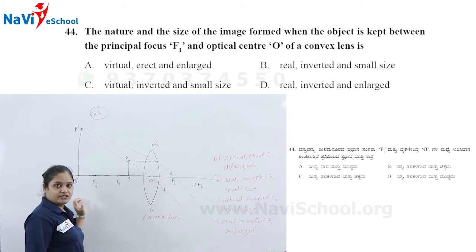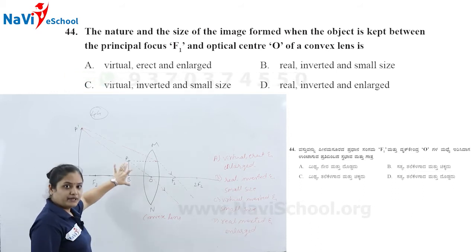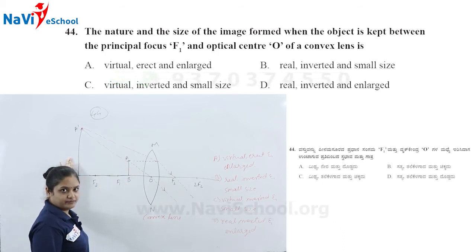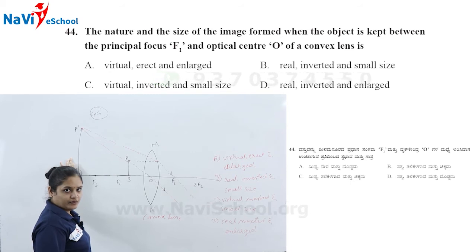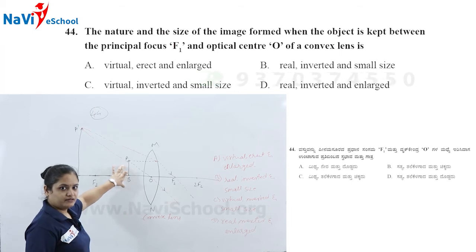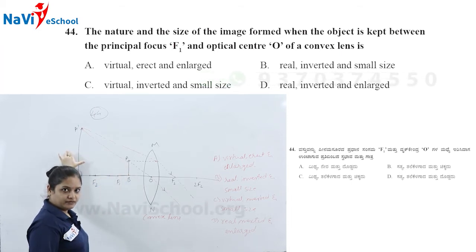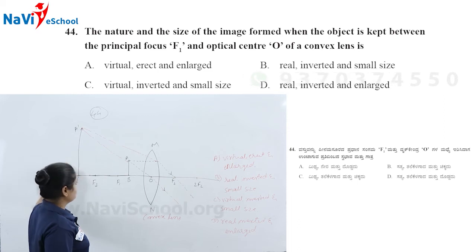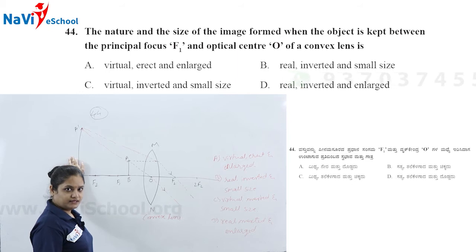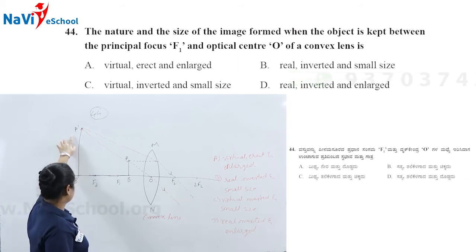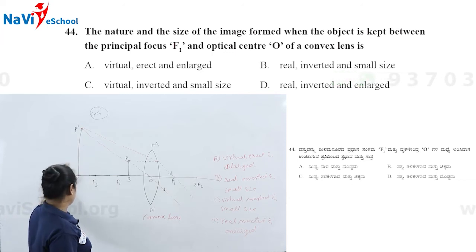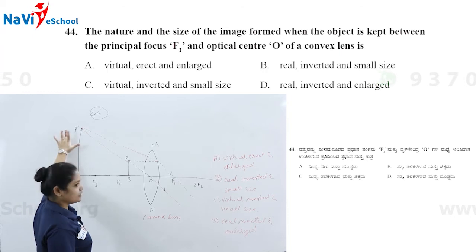Then how is this image? See, compared to this object size and this image formed, what is the difference here? The object is small, but the image is big. How is it? It is a virtual image, isn't it? And it is erect, means it is straight only. And next, enlarged. See, it is enlarged one.